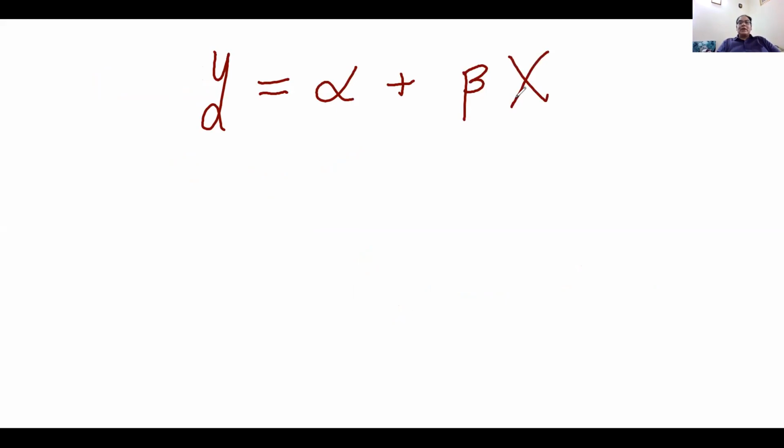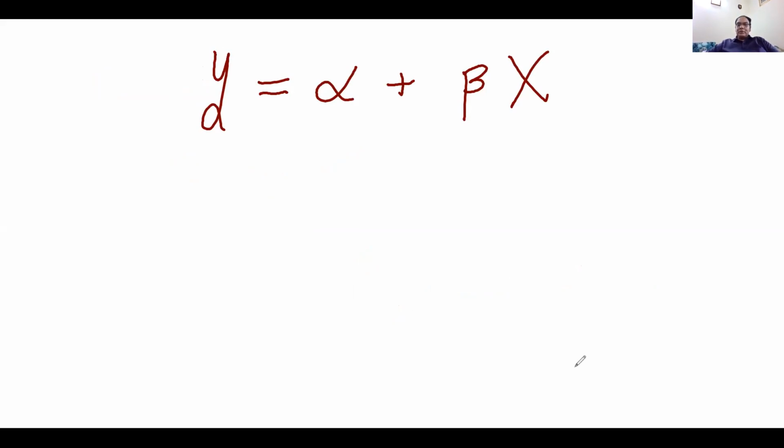Now, today I will explain the bivariate regression model first. The regression model can be expressed as the equation y is equal to alpha plus beta into x. So this is the simple regression model.